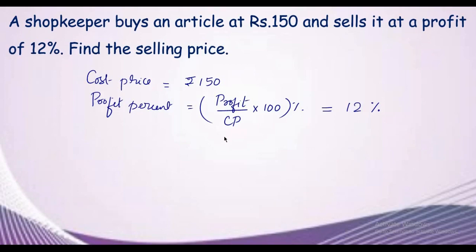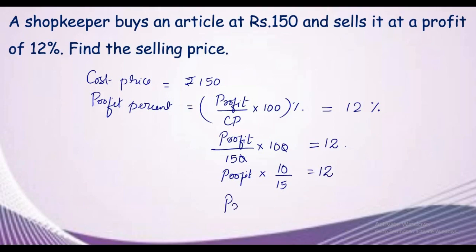So let us substitute the values here. Profit by cost price 150 into 100 is equal to 12. So we have an equation, and by solving this equation we can find the value of profit, right? Yes. Let's cancel the 0 from here, and now it is profit into 10 by 15 equal to 12.